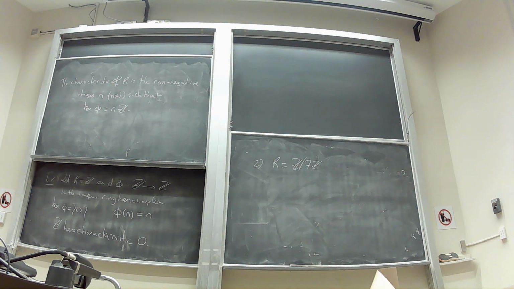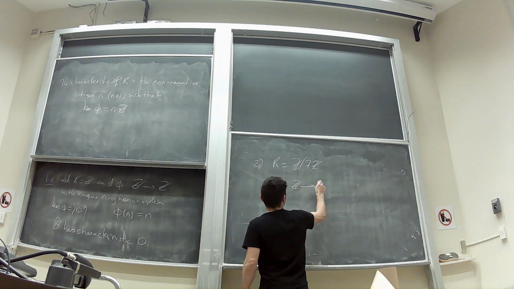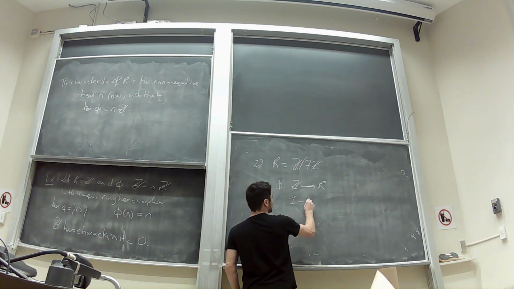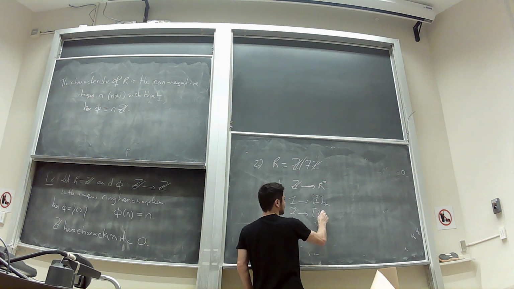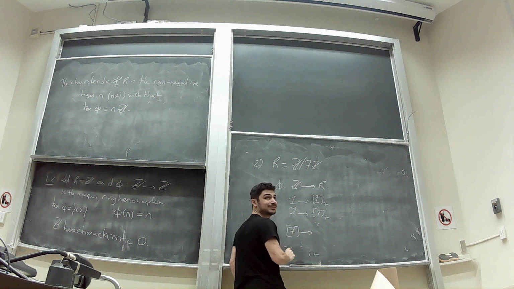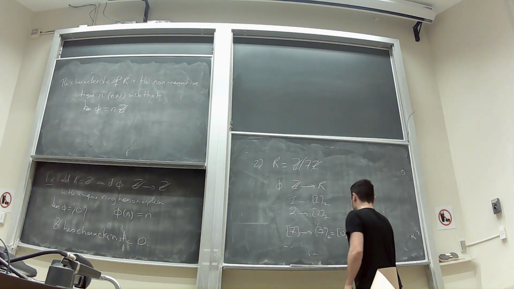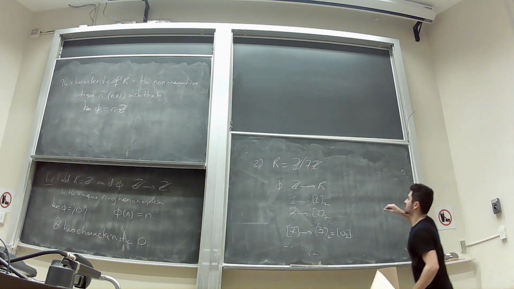Now consider the unique map from Z to R. Where does 1 go to? 1 goes to 1 mod 7. 2 goes to 2 mod 7. 7 goes to 7 mod 7. So what is the kernel? 7Z. What is the characteristic of Z mod 7? 7.